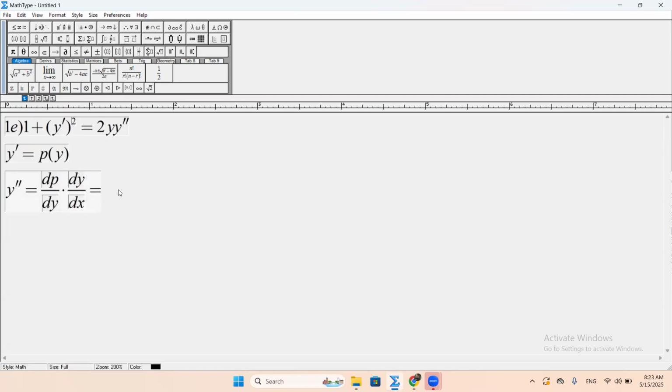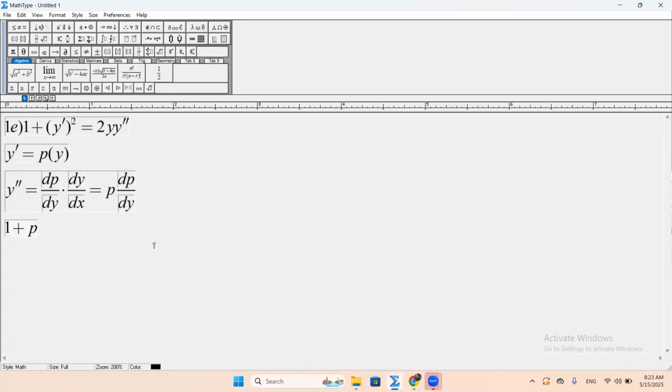So how to simplify this expression? Actually, dy by dx equals p. So I have p times dp by dy. Now let us substitute these new variables into the equation.